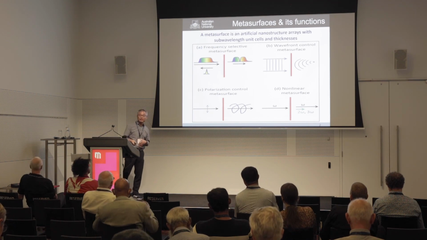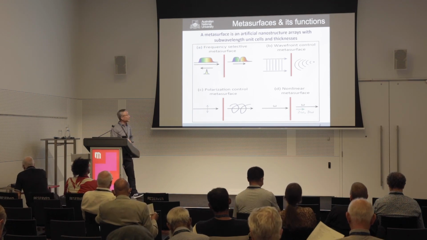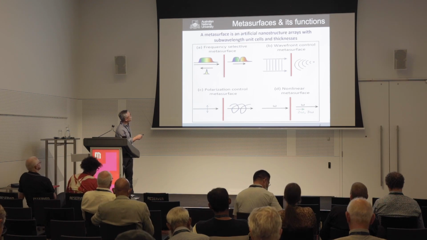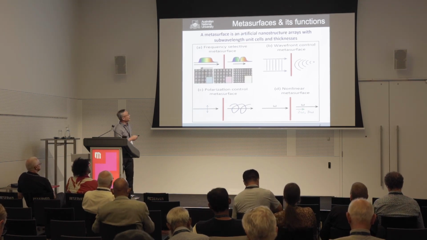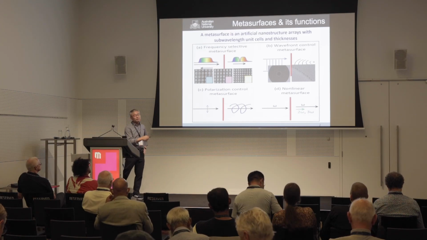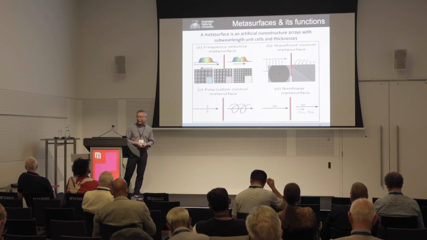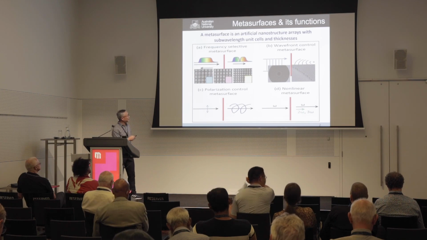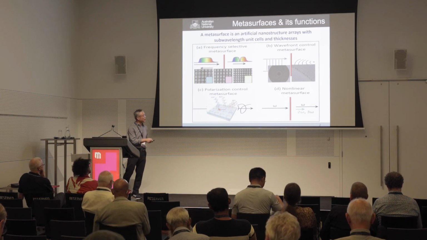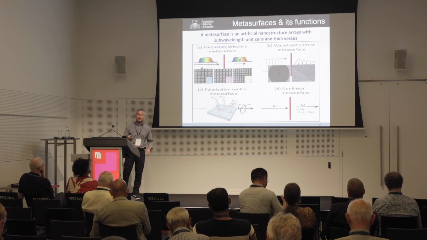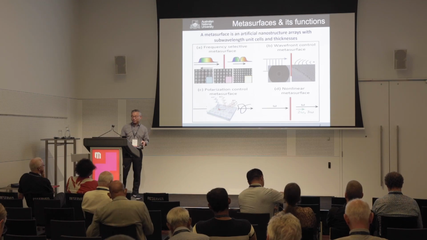It can replace lots of bulky optical components, such as frequency selective metasurface, like some color filter, some wavefront control like a lens, and it can also do polarization control like vortex beam generation, and it can generate new color using non-linearity of material and structure.